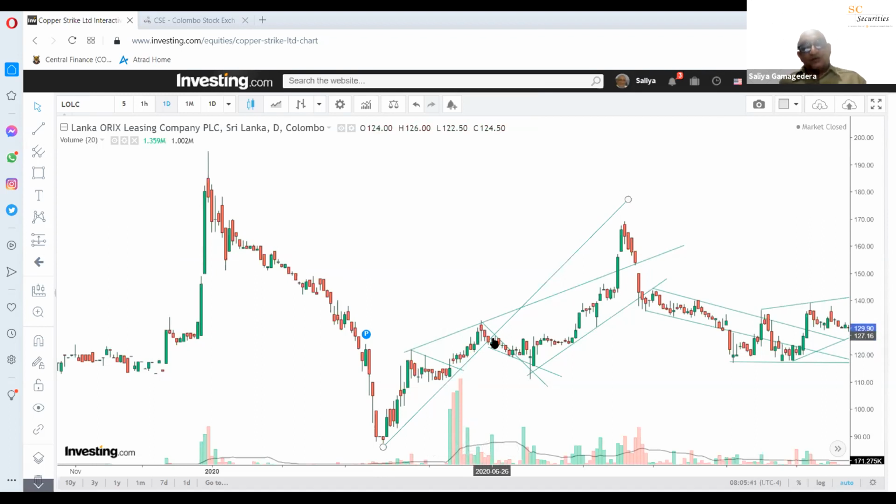But at this moment, when the prices were falling, you can see that the volumes also are reducing over here. And when there is a sideways movement here within these two lines, you can see that the volumes are receding, and the prices are going within a higher low formation.